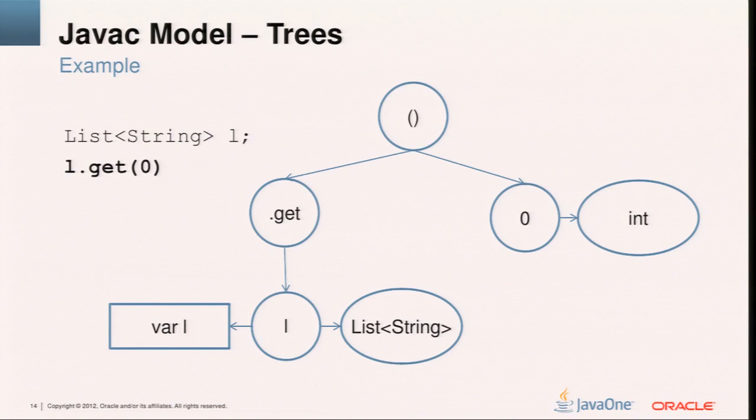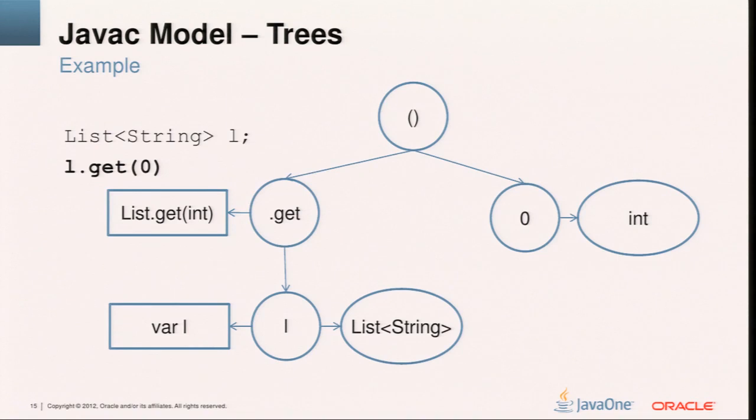It finds out that it's list of strings, and after that it asks a question. I have a list of strings. I am calling a method get on this list of strings that takes one parameter of type int. Which method am I calling? And it finds out that we are calling the method get with one parameter of type int.